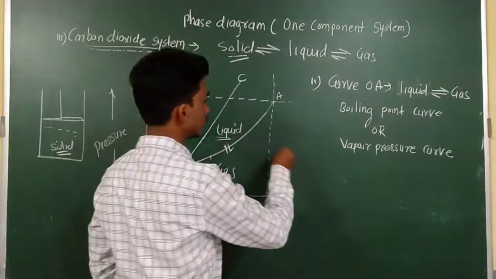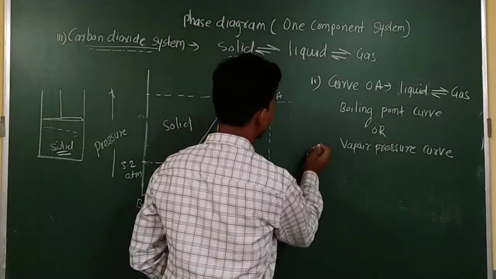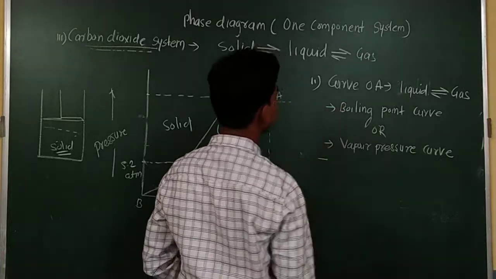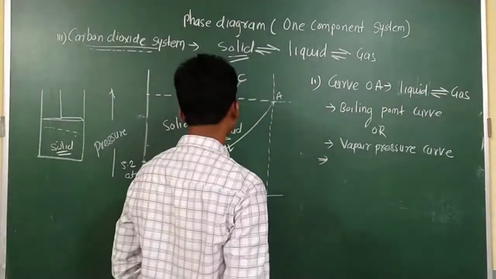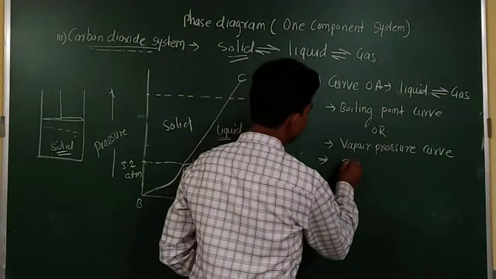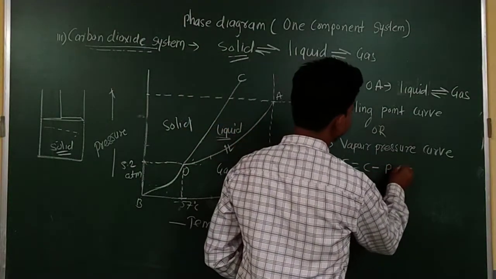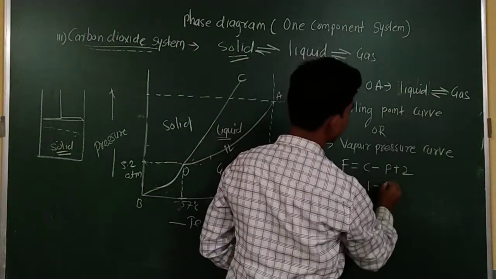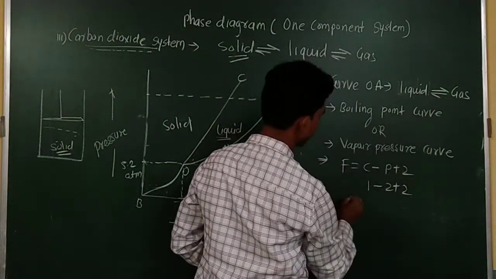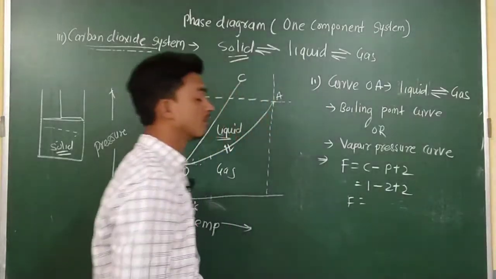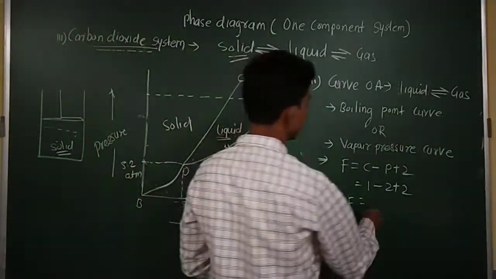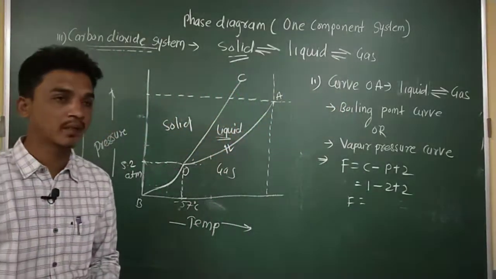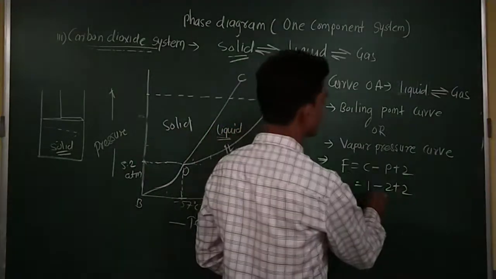At this curve, what is the degree of freedom? F is equal to C minus P plus 2. The number of components is 1, the number of phases is 2, so F is equal to 1 minus 2 plus 2.